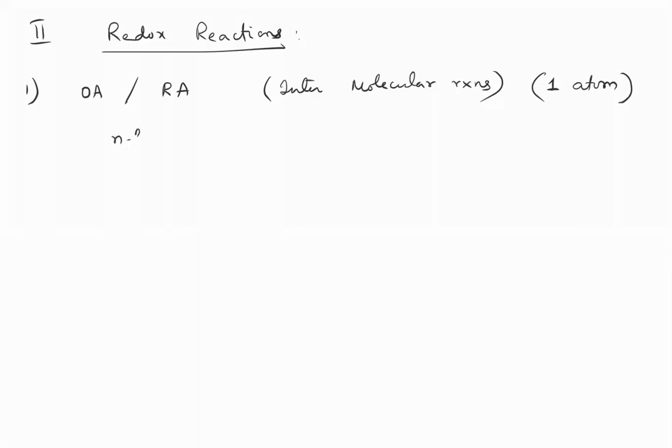In that case, your N factor is equal to change of oxidation number into atomicity. Examples, we did a lot of examples yesterday, just adding a few more, or in fact the same examples.